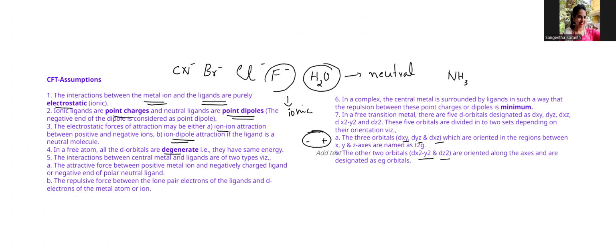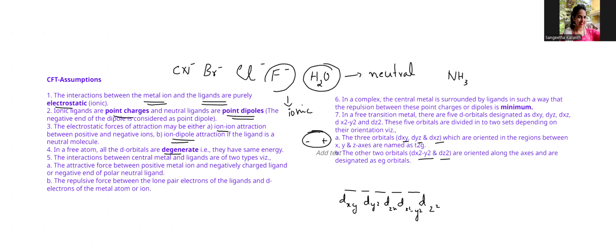So all of them will have the same energy when we are talking about a free metal atom. Now, when the ligands are coming towards this particular metal atom or the metal ion in order to form coordinate bonds, then this will result in the splitting of these particular d orbitals.